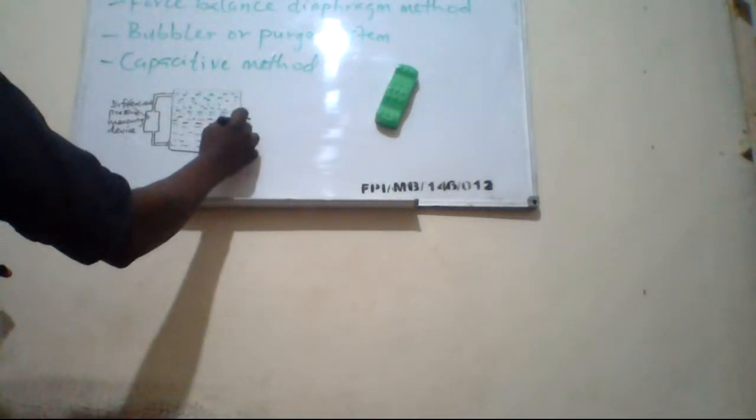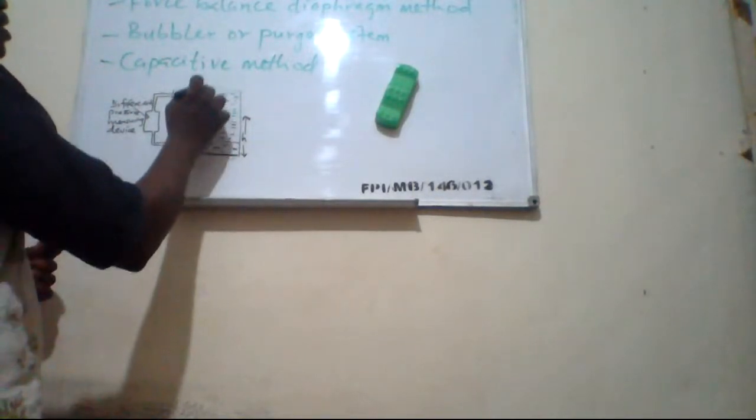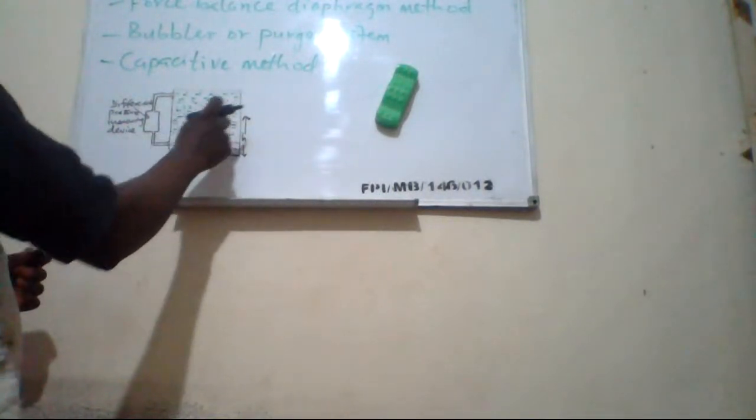The fluid has a density, and density is based on mass and volume, and that density ensures there will be a difference in pressure, since this is ordinary air that doesn't have such density as the liquid. So the measurement of pressure here will be different from here to here. The difference in pressure will be converted with the known density of the fluid, and the height of the liquid will be determined. That is it.